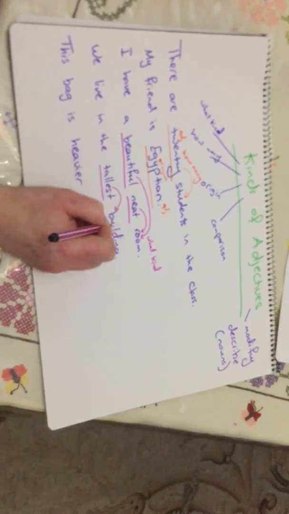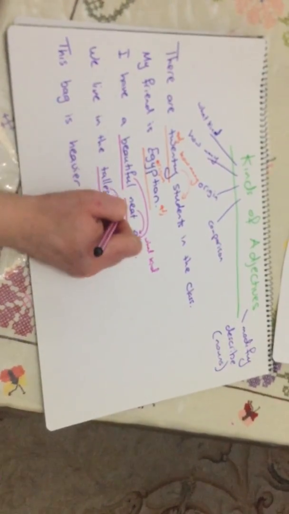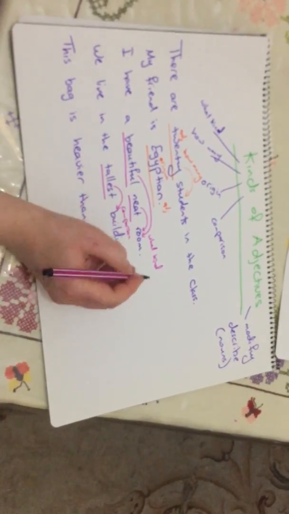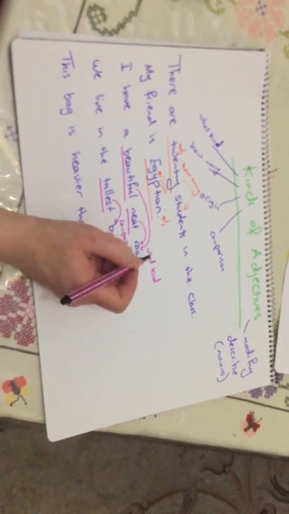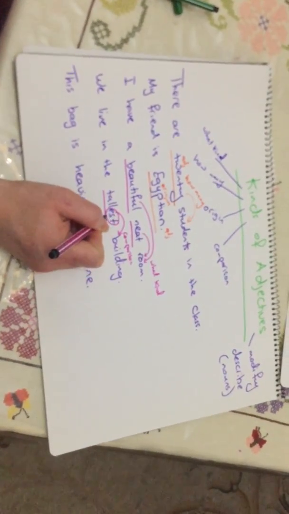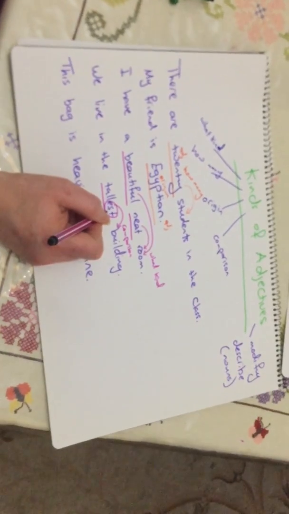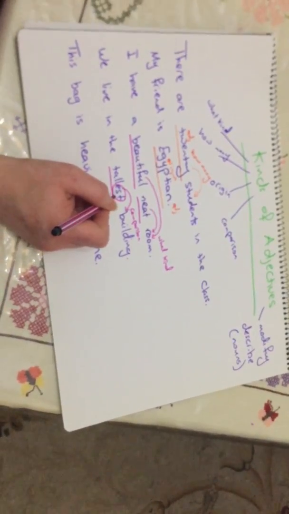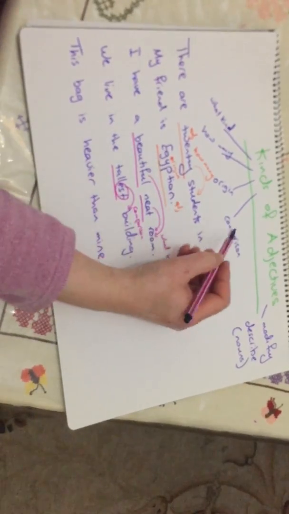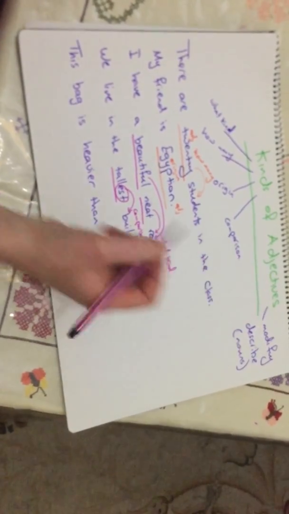So tallest describes building and it shows what? Comparison. Now any adjective that ends with est, which we call superlative adjectives, when we compare one noun with others using these adjectives, is part of the comparison kind.